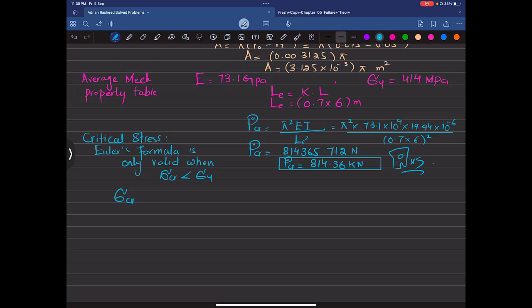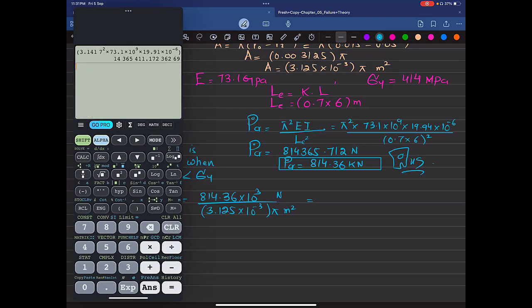The critical stress is equal to the critical load divided by the area. So the critical load is 814.36 into 10 raised to power 3 divided by the area, 3.125 into 10 raised to power minus 3 multiplied by pi, and the units will be newton and square meter.